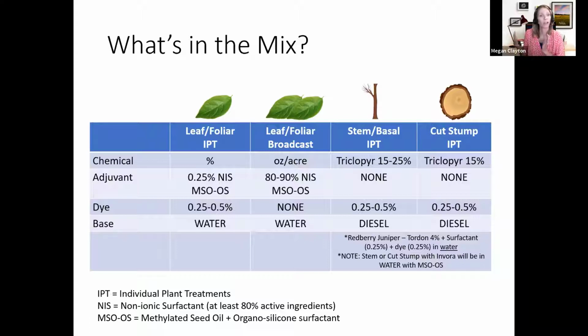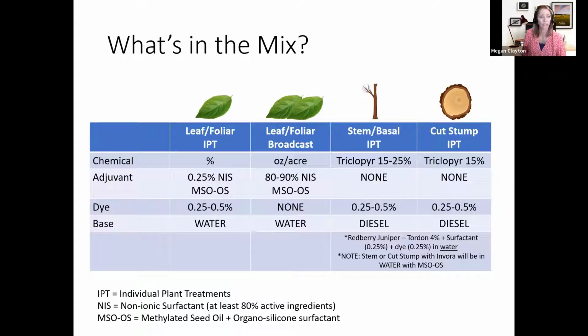When we talk about foliar broadcast applications, it's basically the same setup. We're doing the same NIS, non-ionic surfactant, methylated seed oil. A lot of them call for a MSO/OS, which is like organosilicone surfactant. I hope I don't have to say that one again. But new chemicals such as our new Invora that's out calls for or prefers in all situations an MSO/OS, but for broadcasts, it's needed.